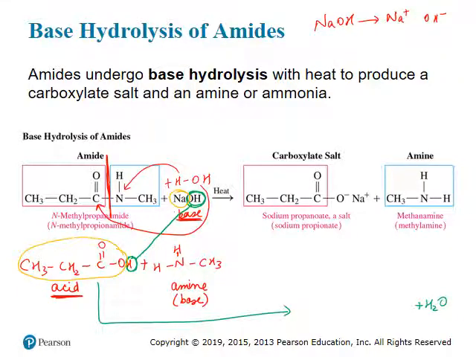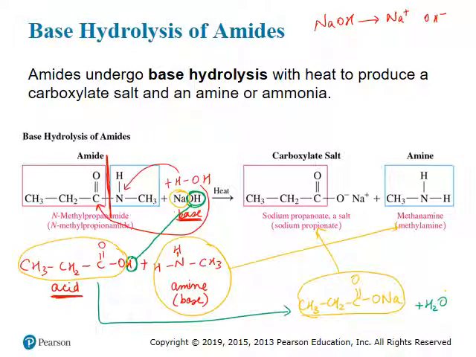So we'll have CH3, CH2, C double bond O, O, Na. So you see the products are the same. What we saw right here is the salt of the carboxylate, and this amine which was produced is right here. So the products are the same as previously, but this is how the reaction is actually happening.